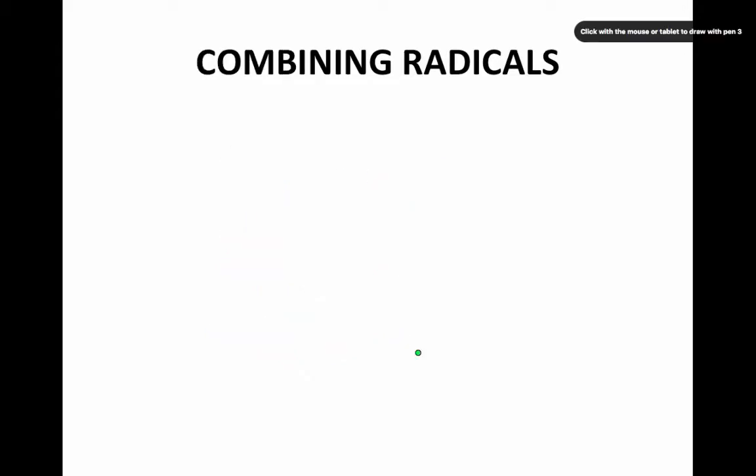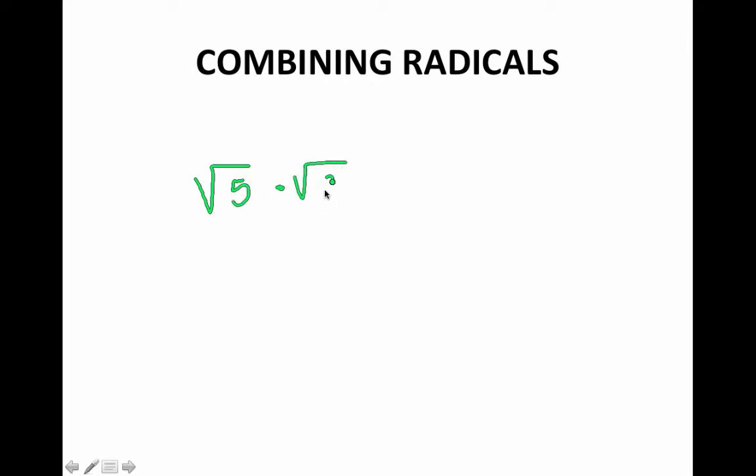So you know what a radical is, and there are ways that we can combine radicals. So we can multiply radicals really easily, like root 5 times root 2, and we just multiply the radicands to get root 10. We can also easily divide radicals if they're single terms.